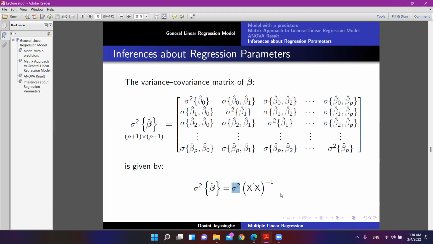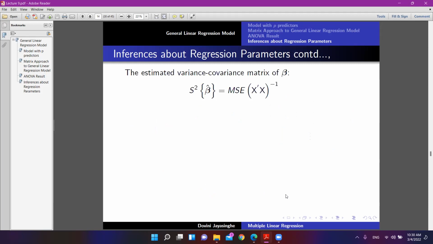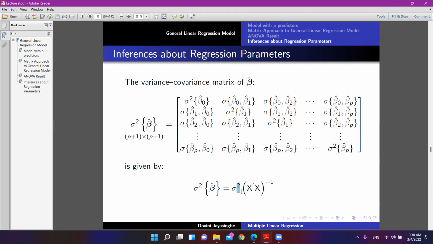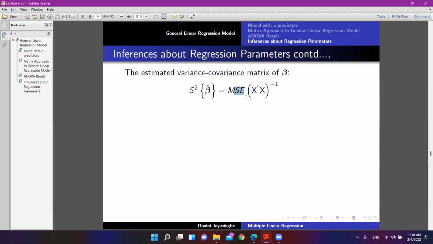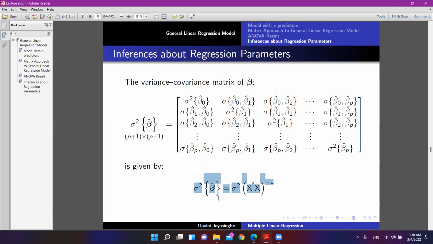So we are going to estimate it. How do you estimate the variance? We use the mean squared error. So instead of this, we can put this one, and this is the true variance covariance matrix. This is a matrix actually, because we have multiple values.